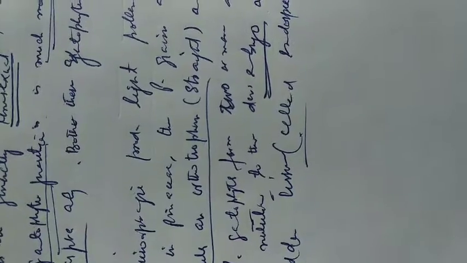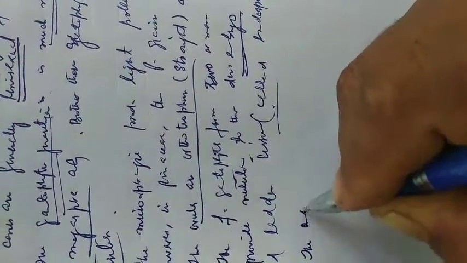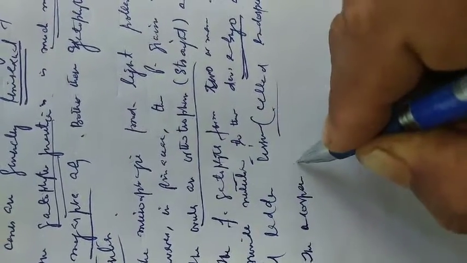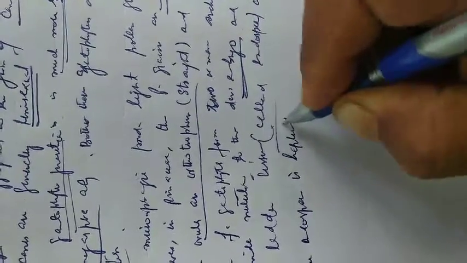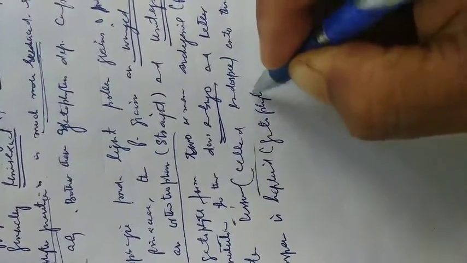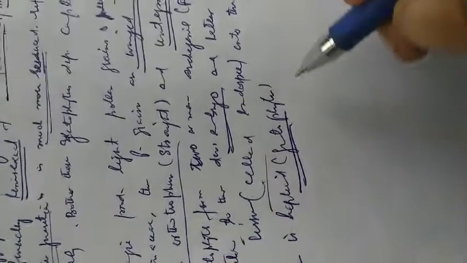Number 17, the endosperm of gymnosperms is haploid, that is, gametophytic, while it is triploid in angiosperms.